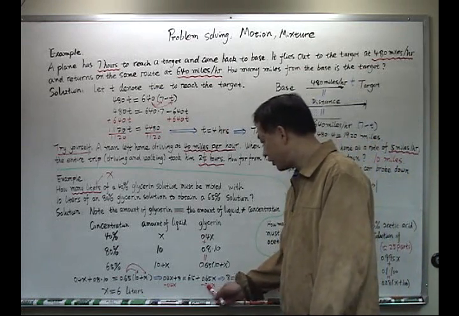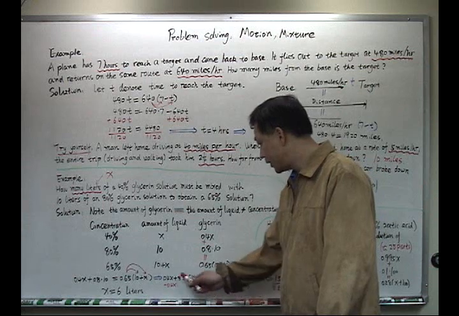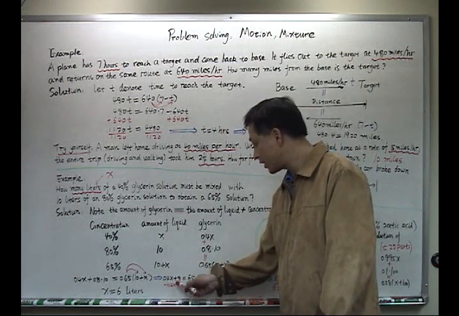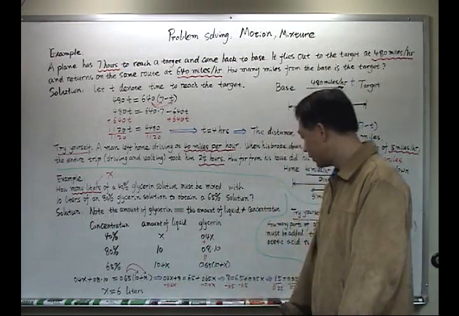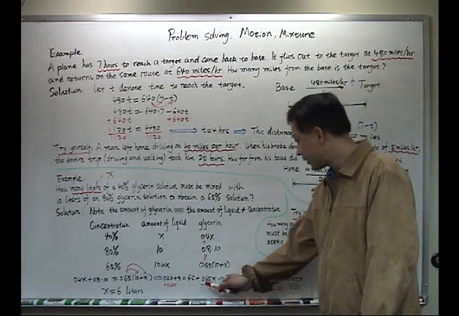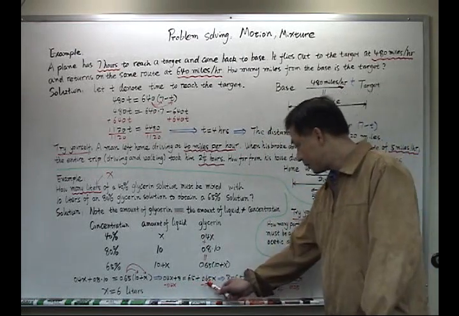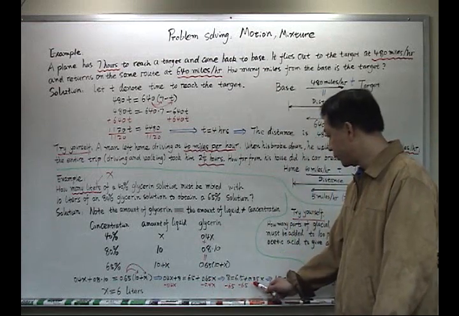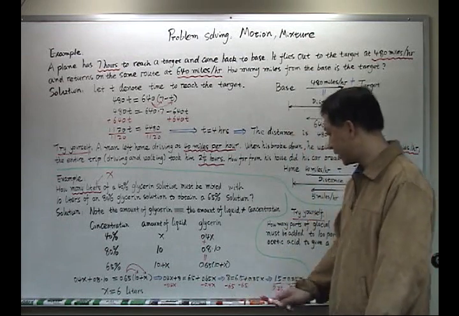The 0.4x cancels on the left, then you have 8 on the left-hand side. The right-hand side has 6.5 plus 0.65 minus 0.4, which gives 0.25x.